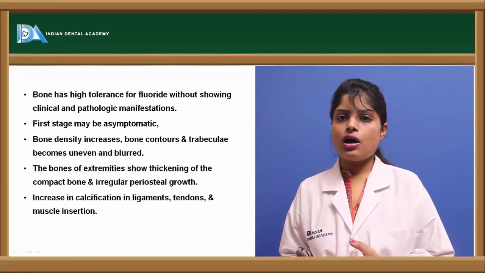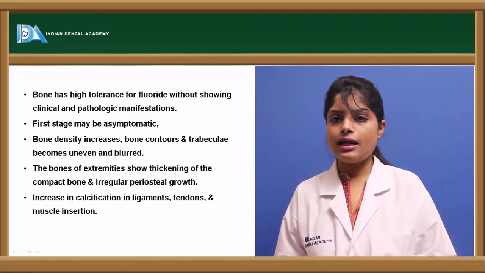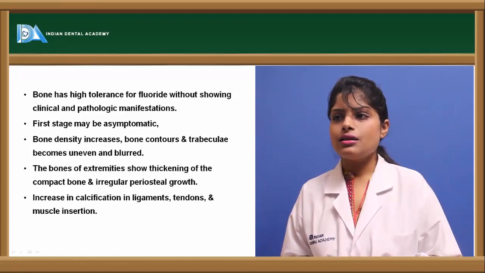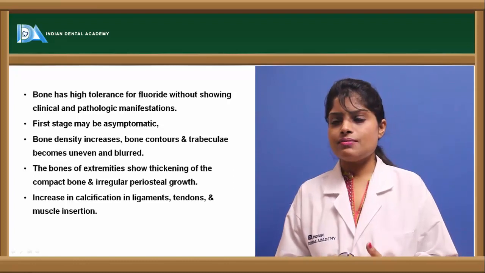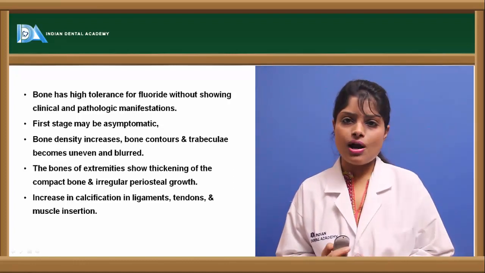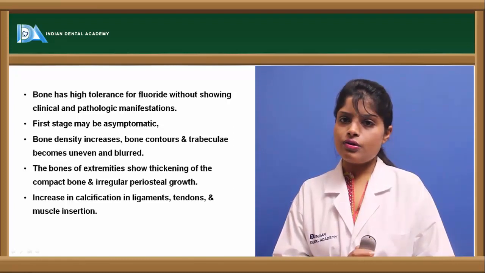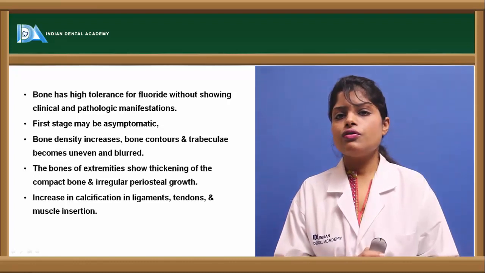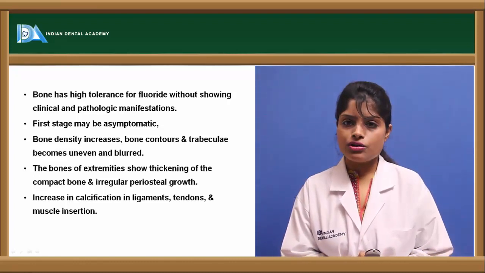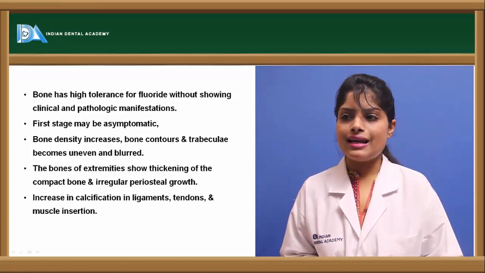So what is osteofluorosis, in which there is increased thickening of the bone, and the first stage will be generally asymptomatic. The density of bone will increase, the bone trabeculae will be rarefied, and the extremities will be thickened. They will be more prone to fractures. There will be periosteal growth, which will be irregular, and there will be calcification of tendons and ligaments.